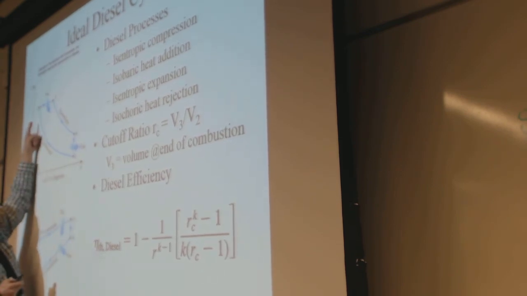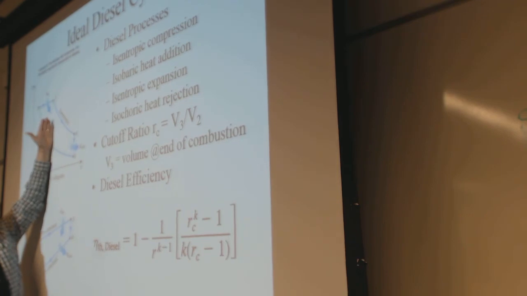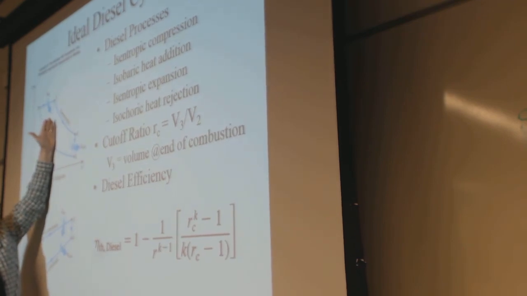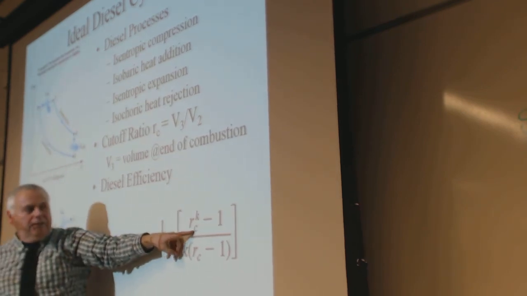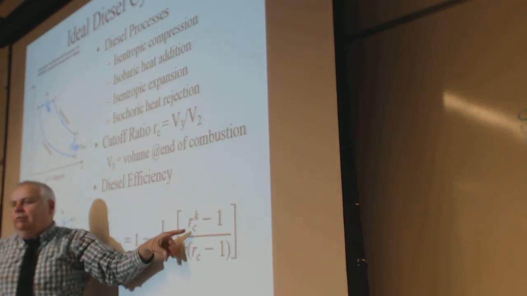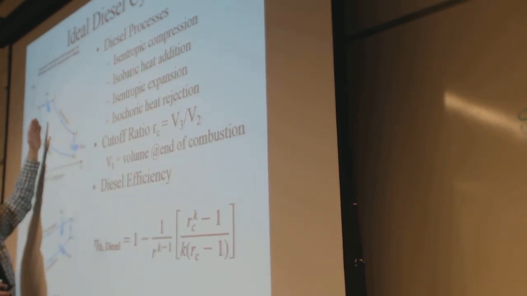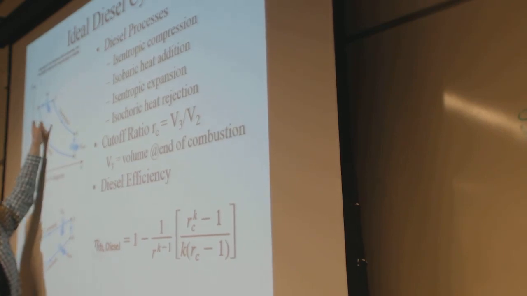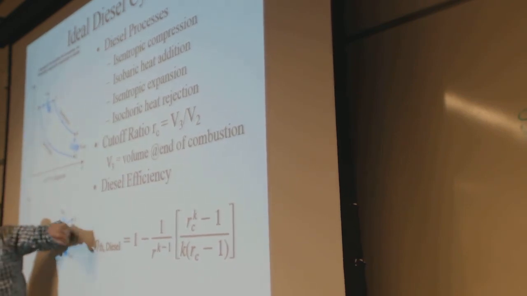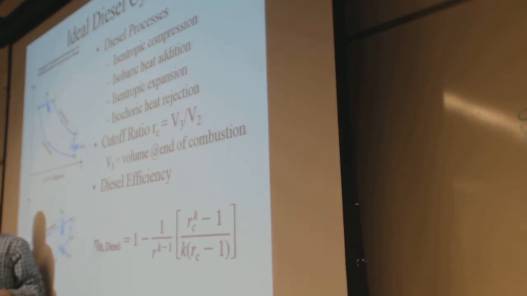The difference between this volume and that volume is what they call the cutoff volume. So the fuel cuts off, and that volume difference, that's what this C is about. If you're just idling, that value is going to be really small. If you're at full power, then that value is pretty big, and that affects your efficiency, theoretically.